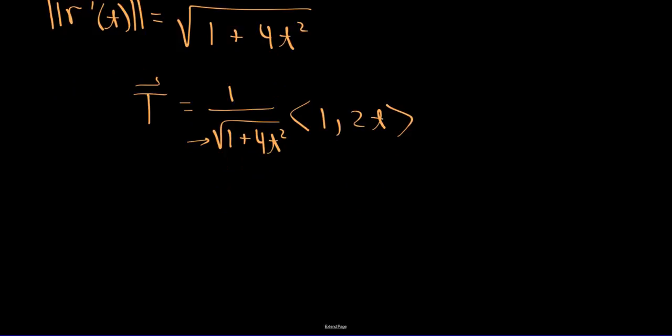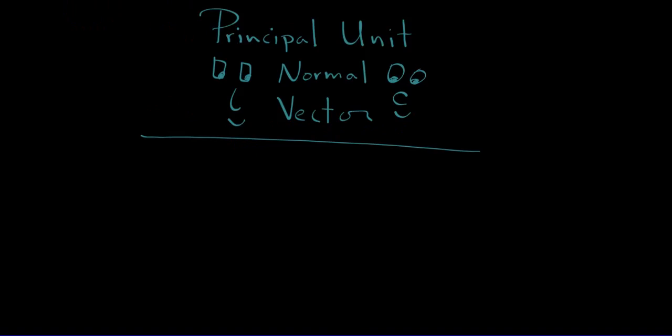Okay, now I want to go to the next step, because this is, I think, pretty simple to understand. We're just going to take the derivative and divide by its magnitude. What I want to do is look at the principal normal vector. You might say, well, why did you say principal? Well, we're generalizing a little bit, but imagine a curve out here in space, and you get a normal vector.